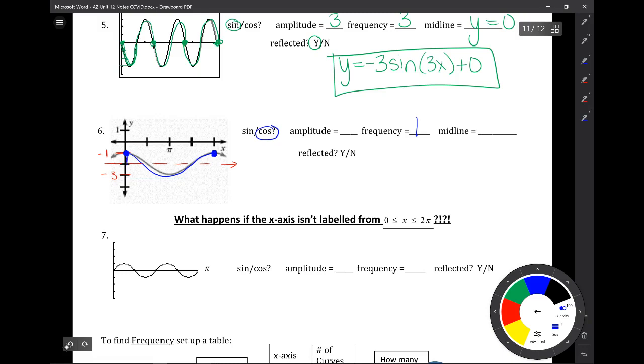Our amplitude is this height, which is only a 1. Our midline, we said, got shifted down 2, and it is not reflected because it starts above our midline. So y equals 1 cosine 1x minus 2. Or if you don't feel like writing all those ones, you can just write cosine x and then a minus 2.